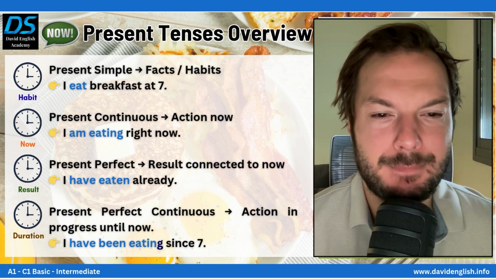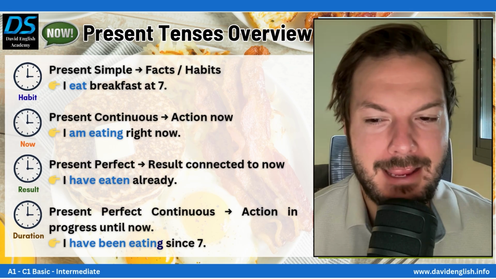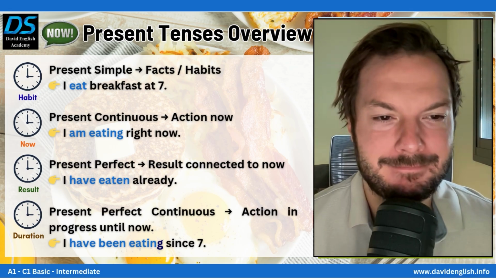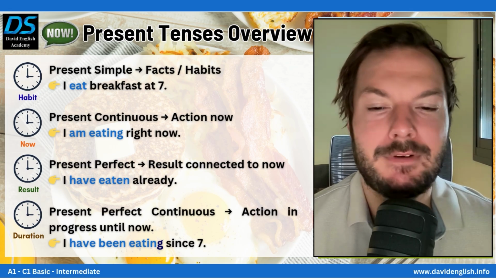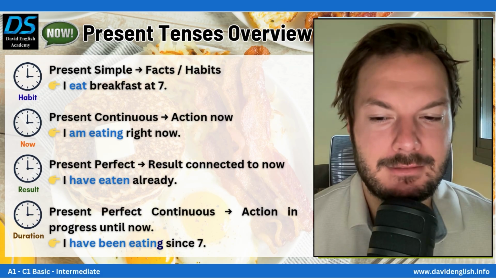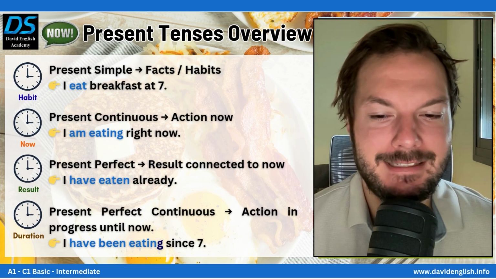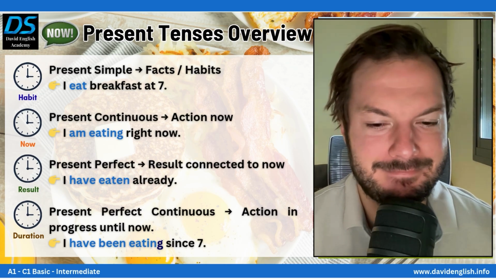Then we have the present perfect. The result is connected to now. I have eaten already. And then we have the present perfect continuous, the action in progress until now. I have been eating since 7.